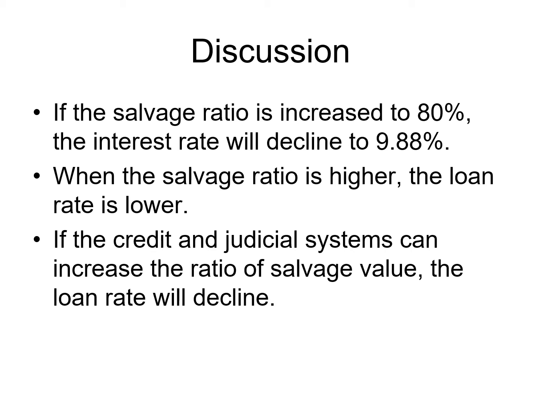This is lower than 12.71% in the previous case. When the salvage ratio is higher, the loan rate is lower. If the credit and judicial systems can increase the ratio of salvage value, the loan rate will decline.